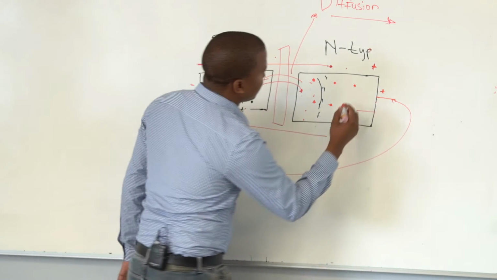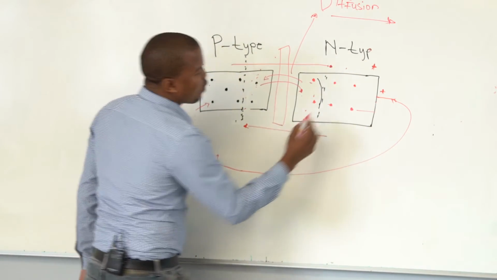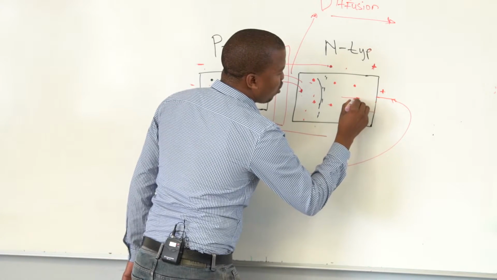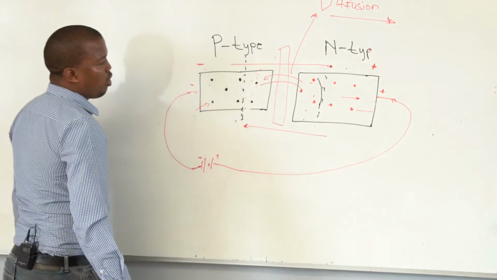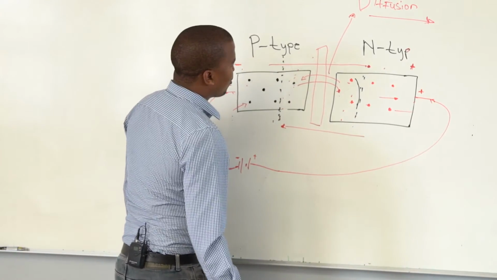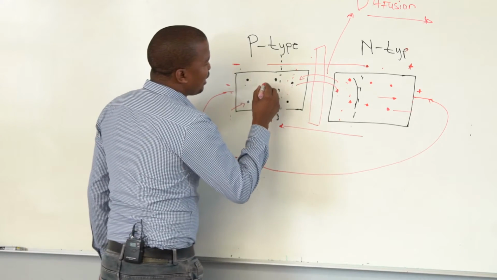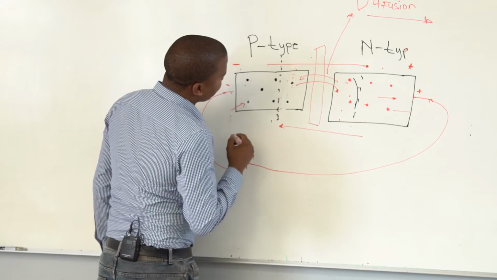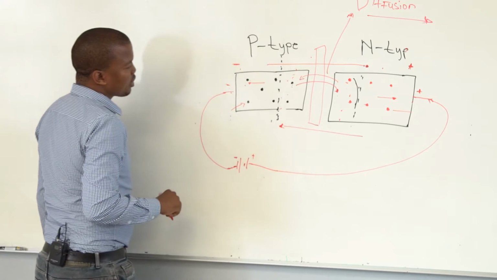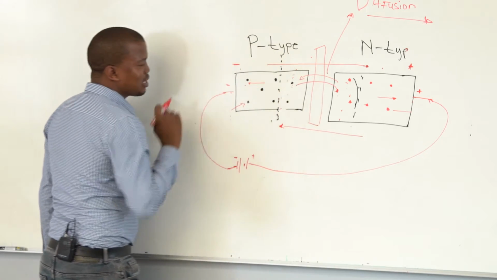In this case, the positive charges from the N-type region will be attracted towards the end of the N-type semiconductor. And on our P side, negative charges from the holes will also be attracted from the far side of the semiconductor towards the end.